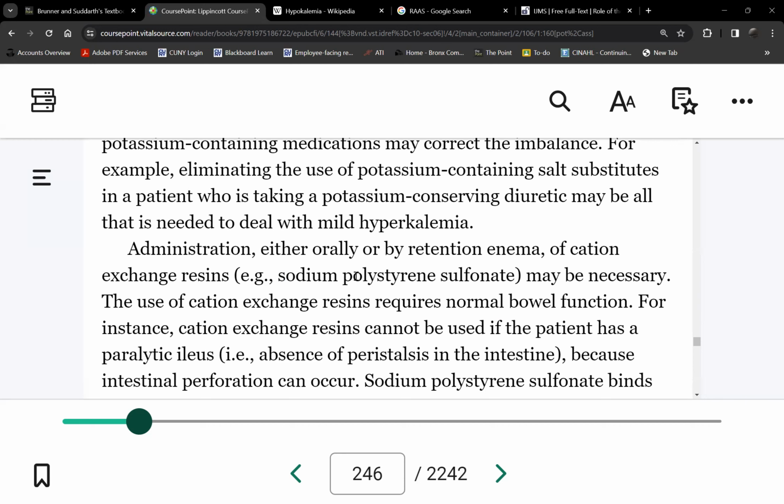The problem here is this can take 2 hours to work. This will eliminate potassium through the GI tract, so it will promote bowel movement. The patient takes this by mouth, or if the patient can't take it by mouth, unconscious, no feeding tube, you can give it through an enema.